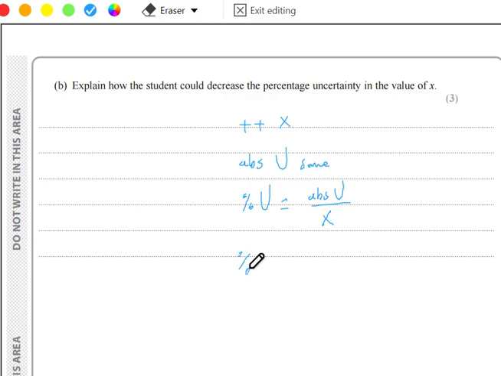Okay, percent uncertainty will decrease. And we also view perpendicular to the scale to avoid parallax error.